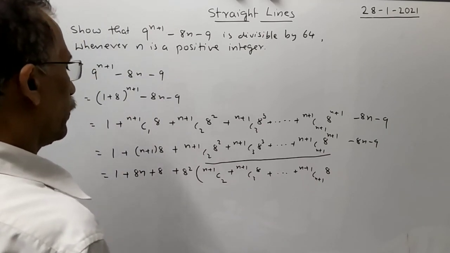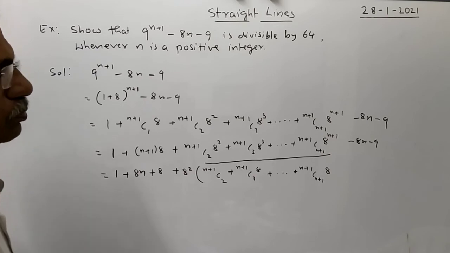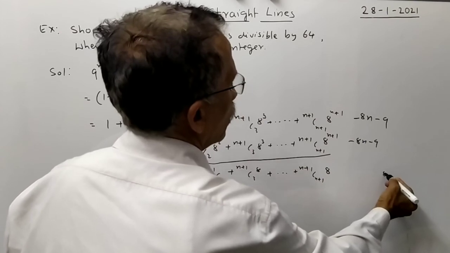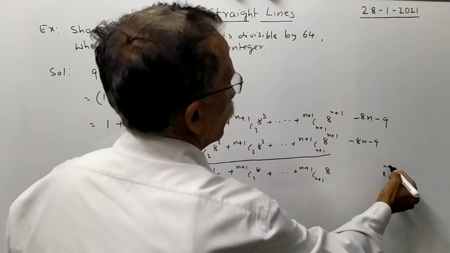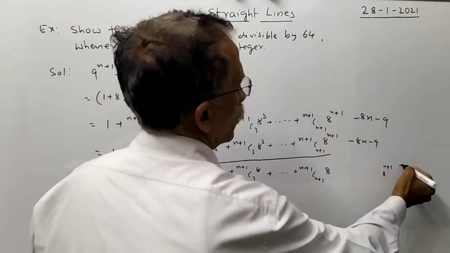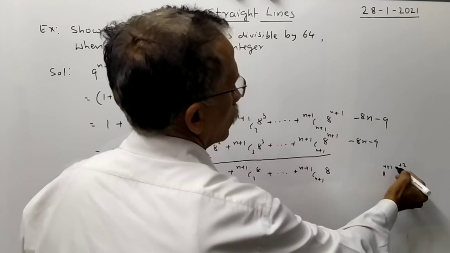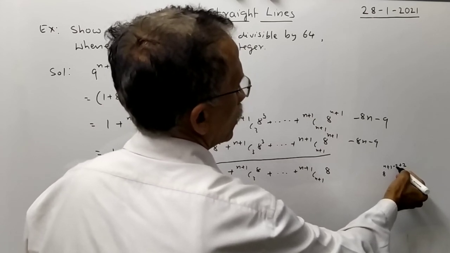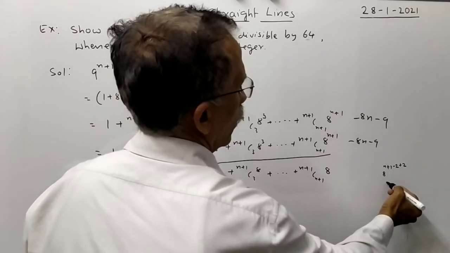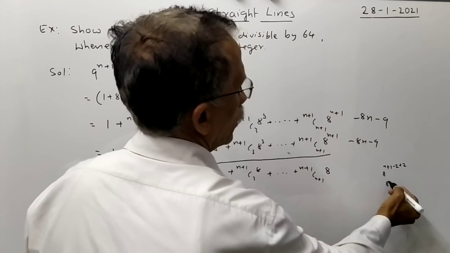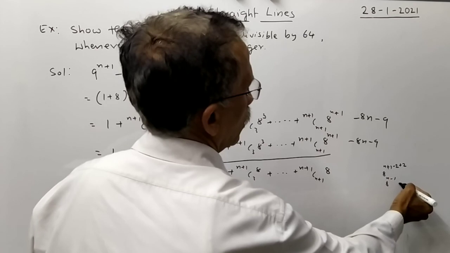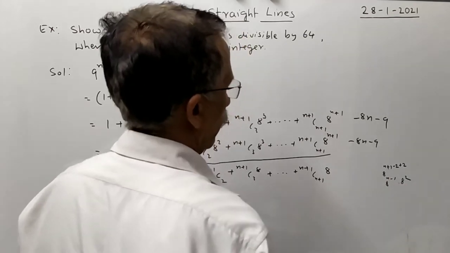So we would like to take 8 square out. At present we have 8 raised to the power n plus 1. To balance that, minus 2, let us write it as 8 raised to the power n minus 1 into 8 square.